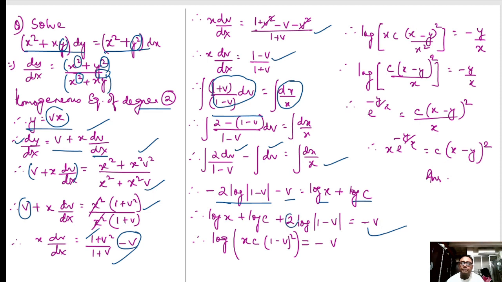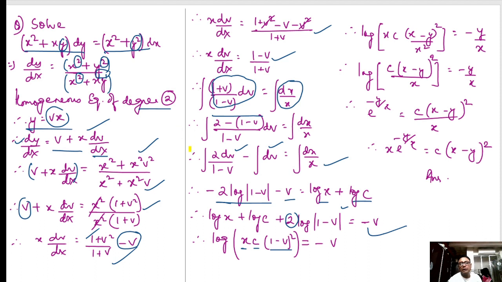So this power before the log will go here. It will be 1 minus v whole square. So log a plus log b plus log c is log a into b into c. Please watch here. Log a plus log b plus log c.